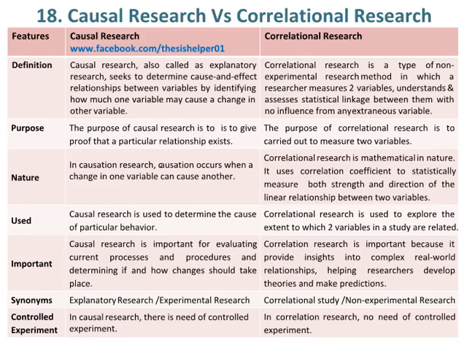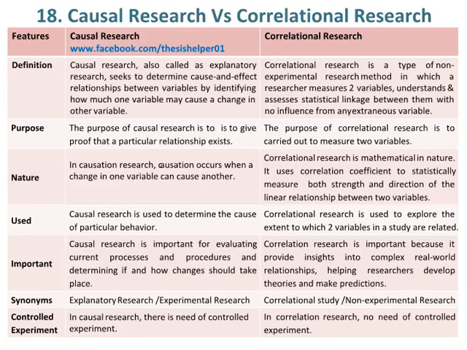Causal research is important for evaluating current processes and procedures and determining if and how changes should take place. Whereas, correlational research is important because it provides insights into complex real-world relationships, helping researchers develop theories and make predictions.